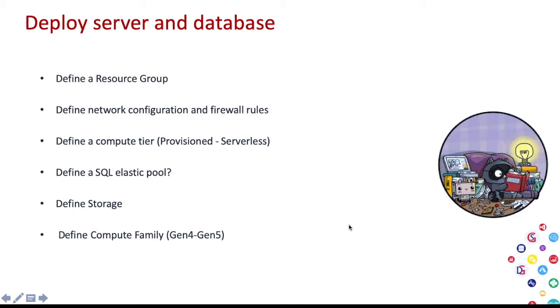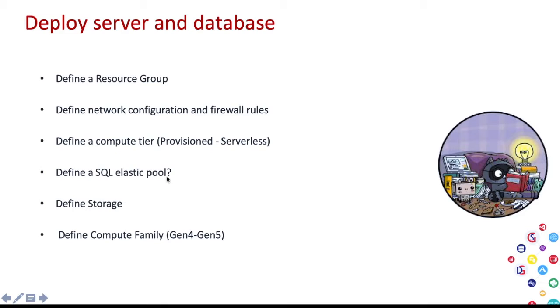Next up, we'll see how to deploy the server and database. What we need is to define the resources in this order. First, define a resource group. We have to create a resource group where we will create the network configuration and firewalls for the resource group, and define a compute tier, which is provisioned or serverless. Here we will use serverless. Next, we'll define a SQL Elastic pool if we have one or if we don't need that.